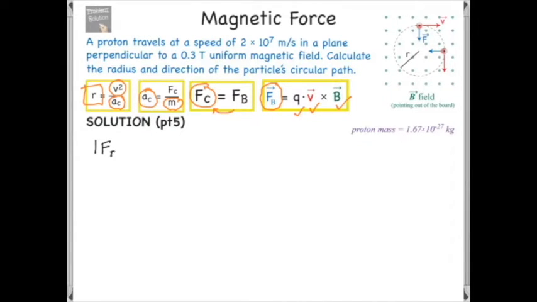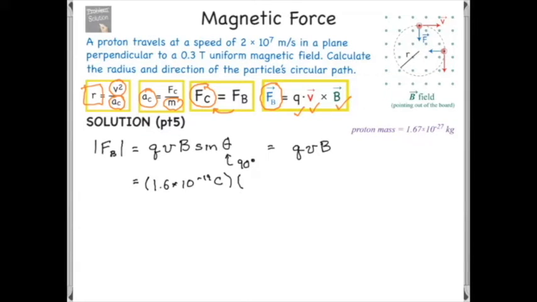Working with the magnitude of the magnetic force, we can write that as QVB times the sine of the angle between the magnetic field and the velocity vector, but that is 90 degrees. So sine of 90 degrees is 1, so we're just left with QVB. So let's go ahead and plug in some numbers. For Q, we have 1.6 times 10 to the minus 19 coulombs.